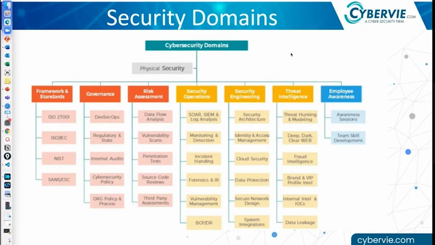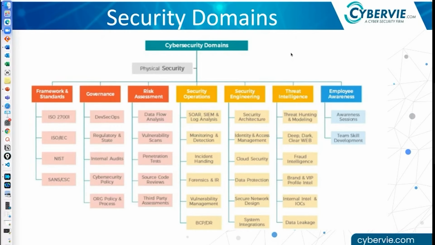Then coming to threat intelligence, we have threat hunting, threat modeling, deep web and dark web intelligence, then fraud intelligence, brand or VIP profile intelligence. So we have different types of intelligence here. Coming to employee awareness, this is a training based domain, where they train employees for security awareness and all.